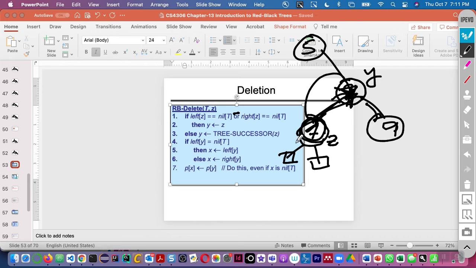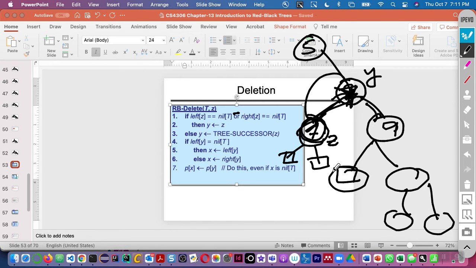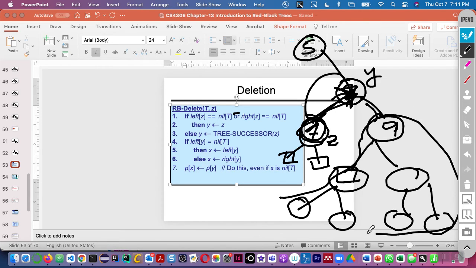Okay, and else y. Otherwise, if there are other sub-branches like this, as we saw in our previous demo, if they are not null, there are sub-branches, then what we'll do is find the tree successor.